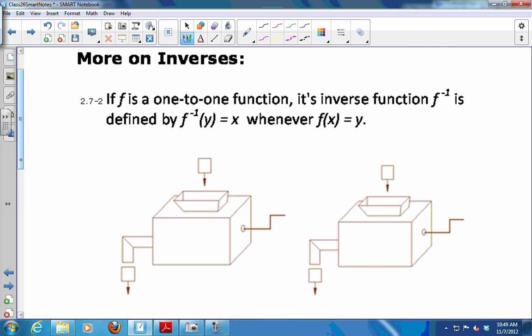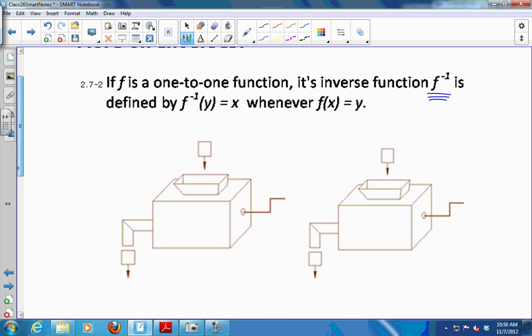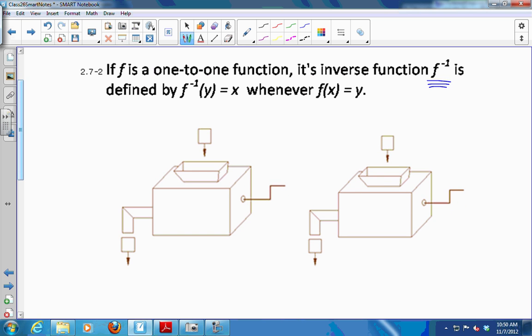So if f is a one-to-one function, that means it passes the horizontal line test and it has an inverse. Its inverse function, which we denote f to the -1 but read as f inverse, is defined by f inverse of y equals x when f of x equals y. So in pictures, I have two machines. This will be f, and this will be f inverse.